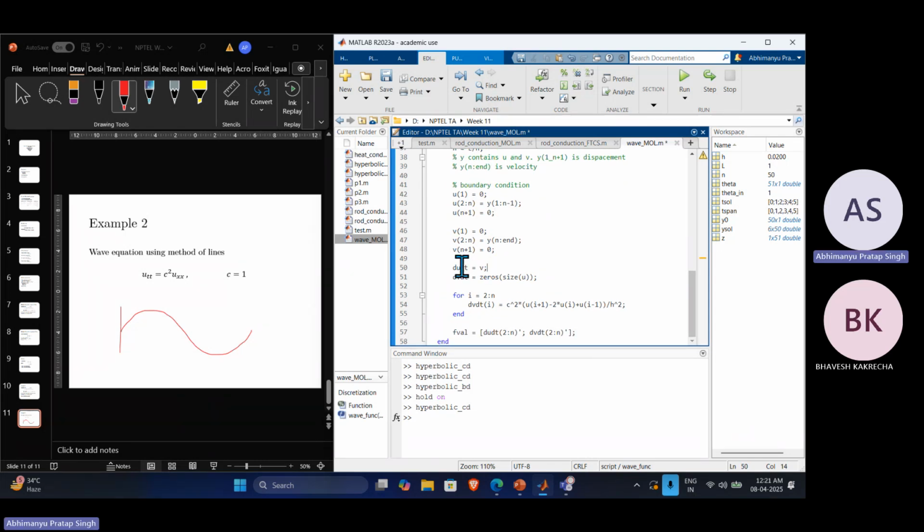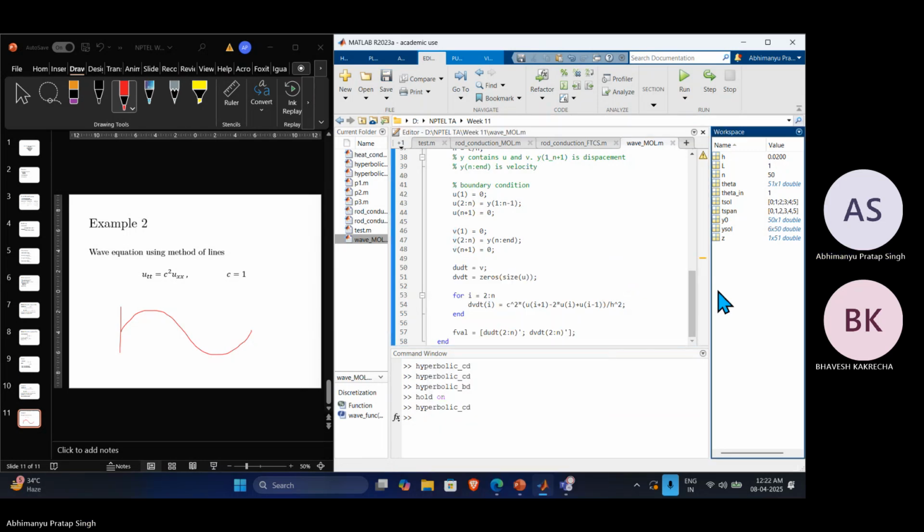Then du by dt I have taken as v here, like velocity, and dv by dt I'm initializing with zeros, but eventually we will fill it up with this wave equation. So from 2 to nth node, my dv by dt becomes c square times the central difference formula, u i plus 1 minus 2 u i plus u i minus 1, divided by h square.